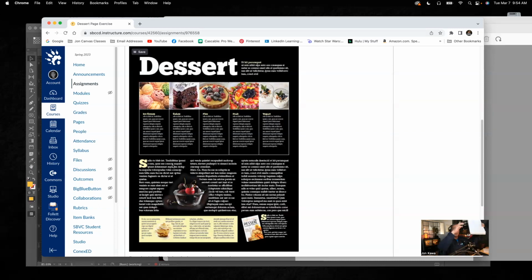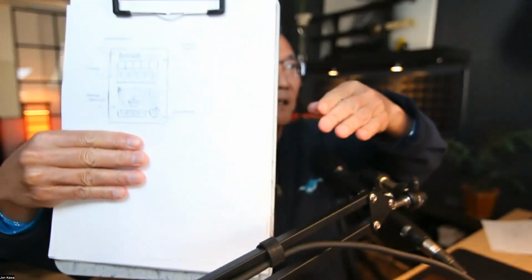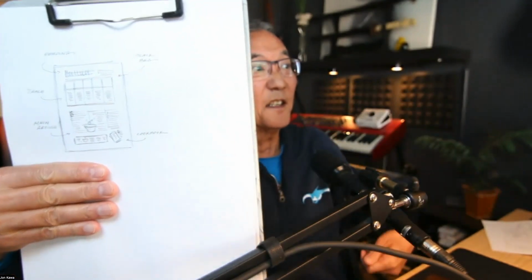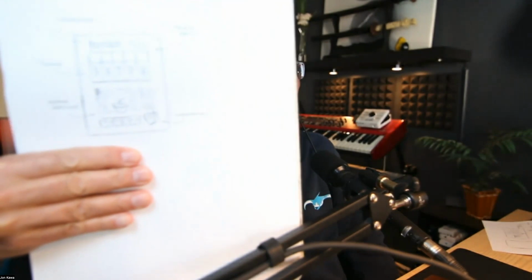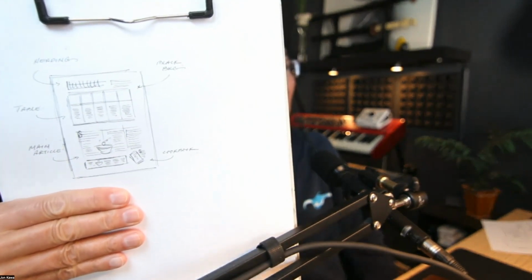I'm going to put this out here in front of you. And let me jump back to my view here. Let me put this out in front of you. See if you can see that. My camera's having a hard time focusing on it. Okay, this is a thumbnail of the idea.